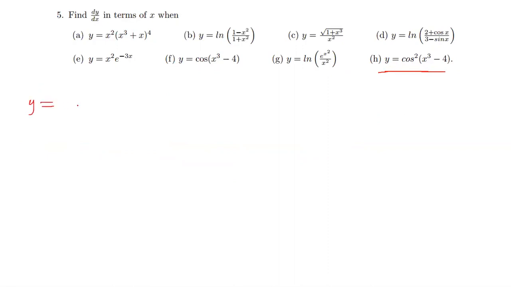This cos squared of x cubed minus 4 can also be written as cos(x cubed minus 4), and then multiply this by another cos(x cubed minus 4).